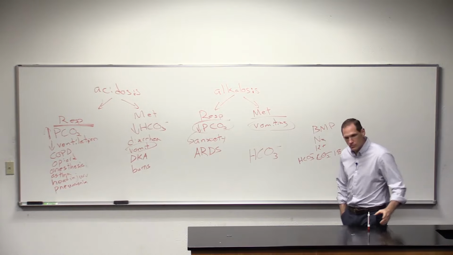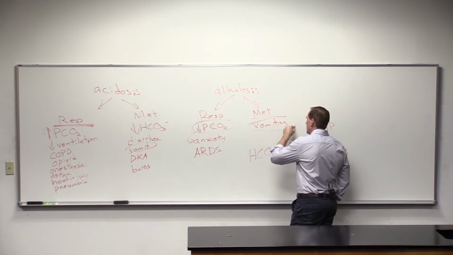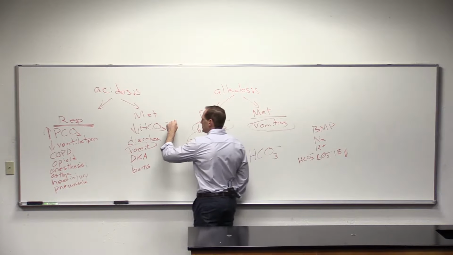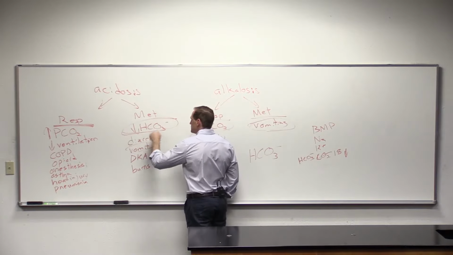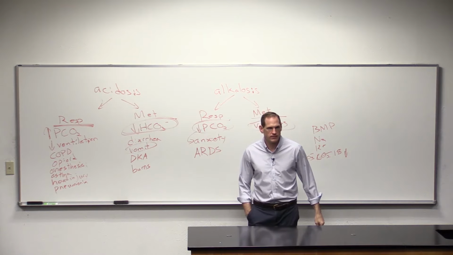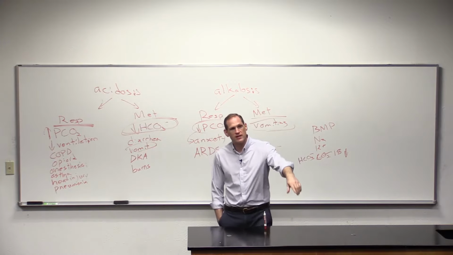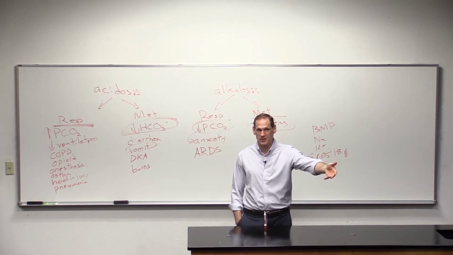All right, one last thing I do need to mention for metabolic acidosis. What is metabolic acidosis characterized by? I just circled it in case you're wondering. Low bicarb levels. So, in addition to treating the underlying problem, what else could we give?